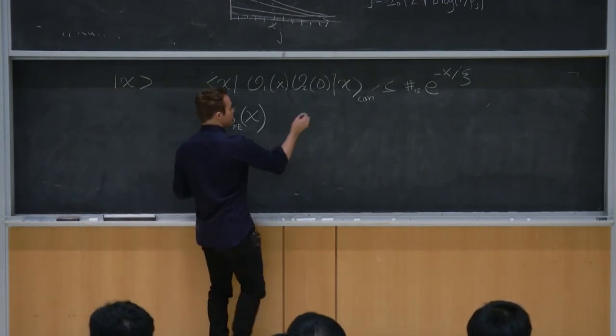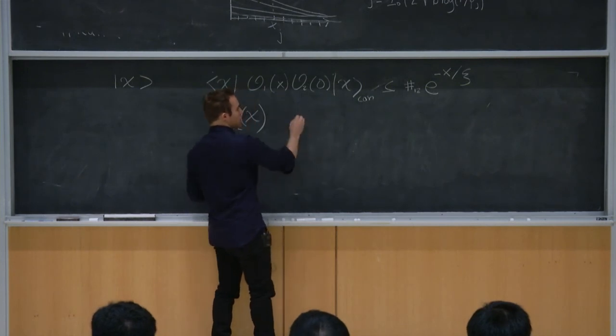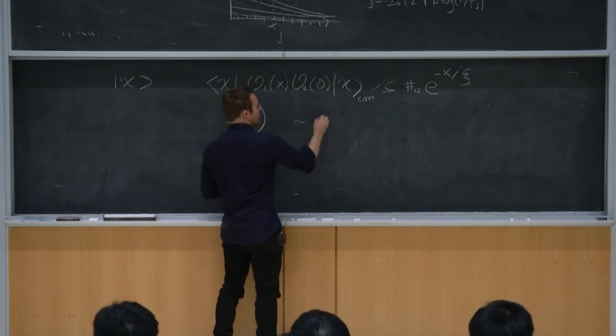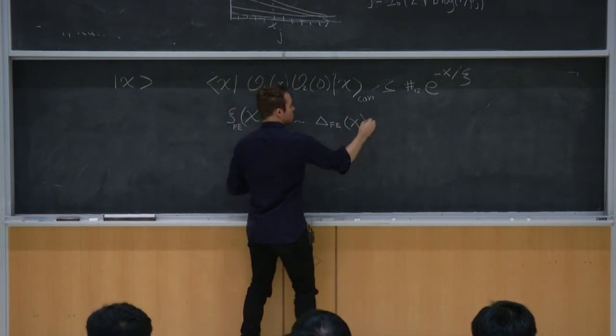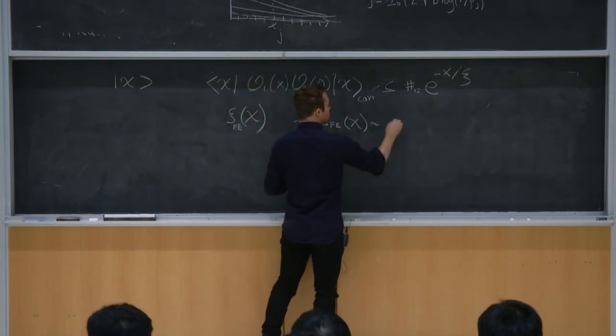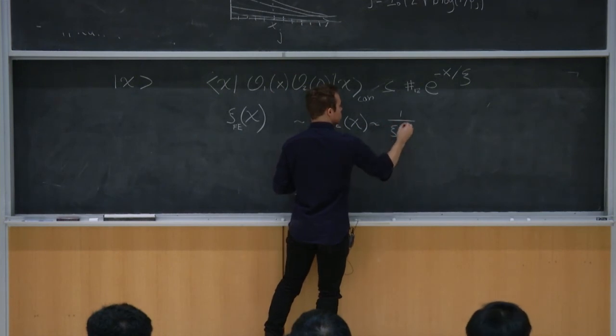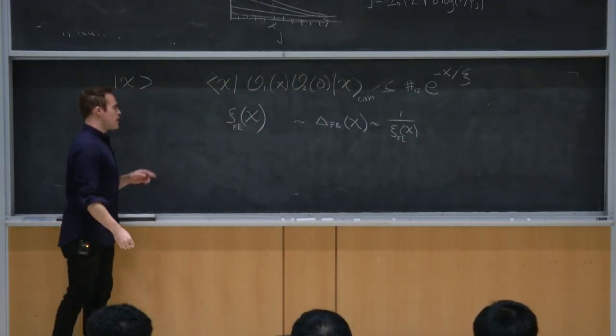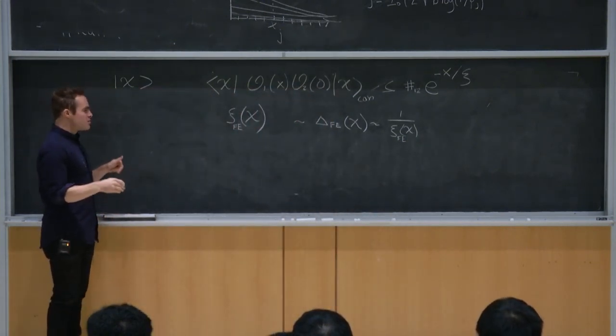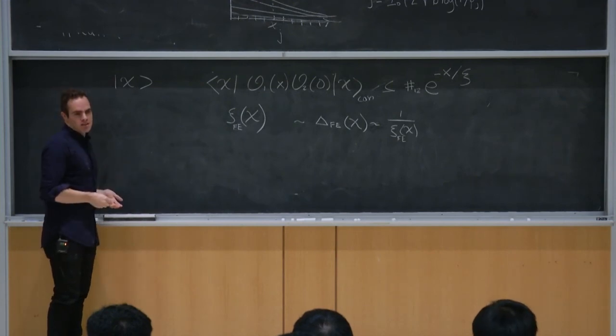And equivalently, I could define just by dimensional analysis a finite entanglement gap, defined to scale as 1 over the correlation length. So conceptually, it's as if by doing DMRG, the DMRG introduced a gap into the system.